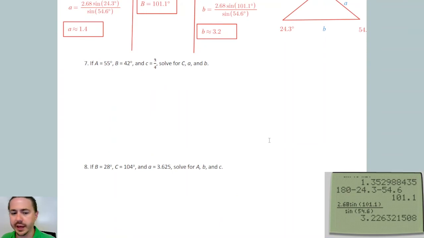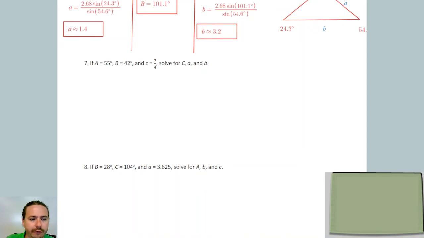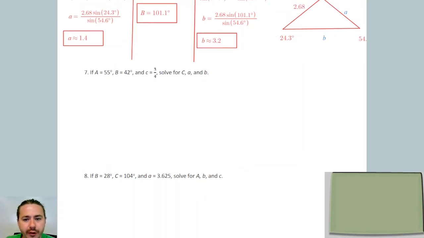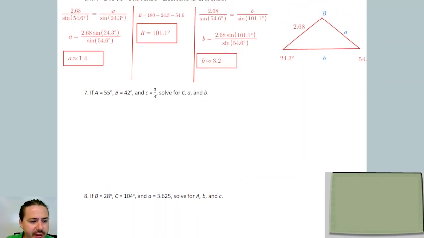So let's take a look at number 7. All right, for number 7, it looks like we got 55, 42. It's gonna be a little over 90, so we're not gonna have any obtuse angles on this one. So let's go ahead and sketch this out. I'm not trying to be too accurate here, just kind of throwing something out there.